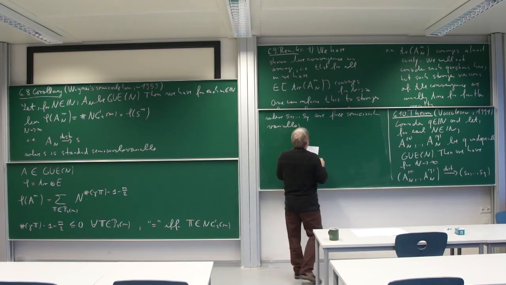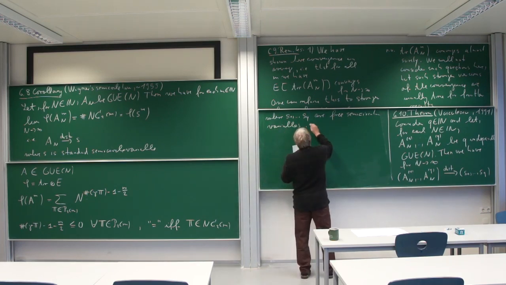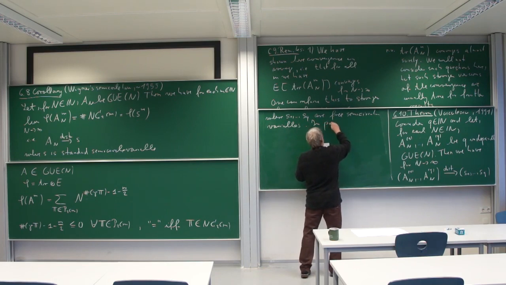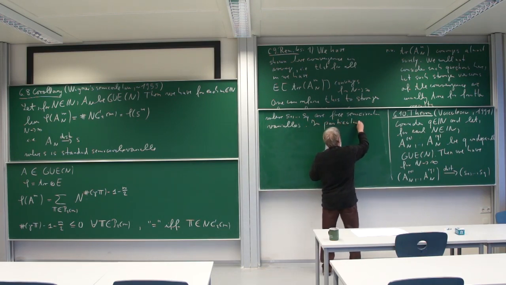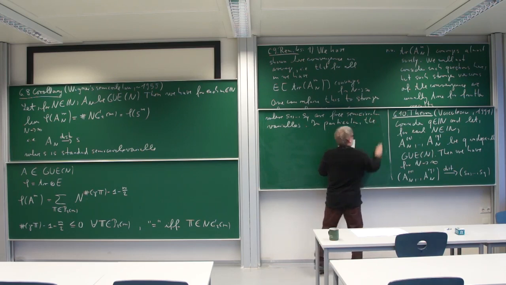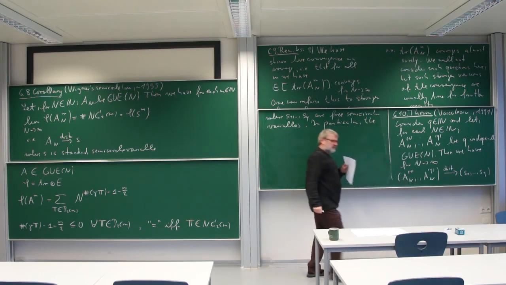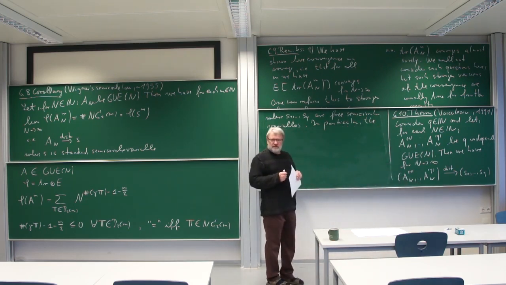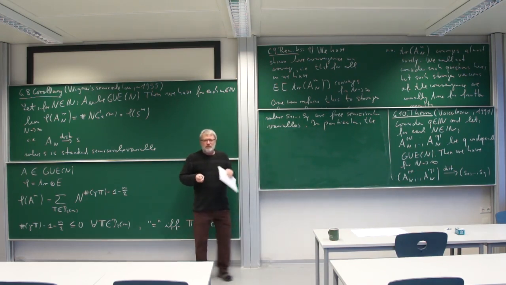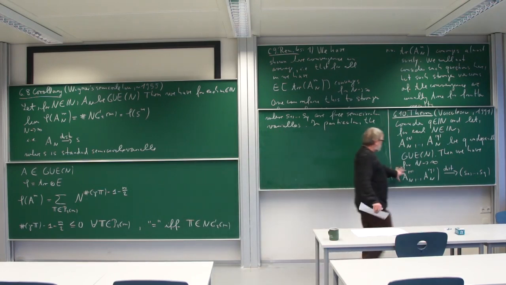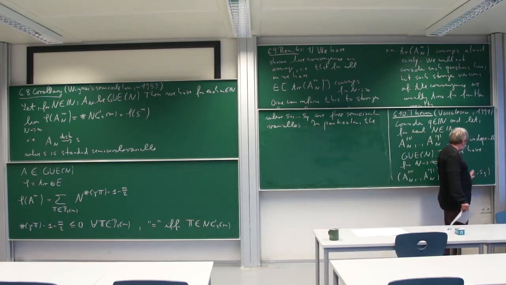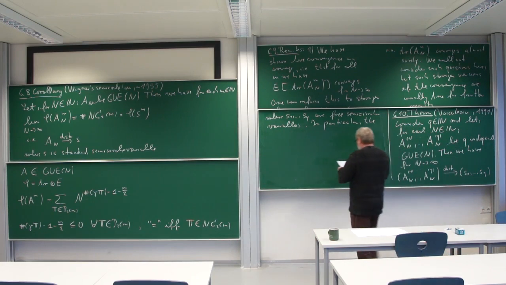The main point here is that they are free. Okay, and so this means in particular that the tuple of the Gaussian random matrices, they are asymptotically free. That's more or less what I mean with the notation asymptotically free. Asymptotically free means they converge to something which is free.